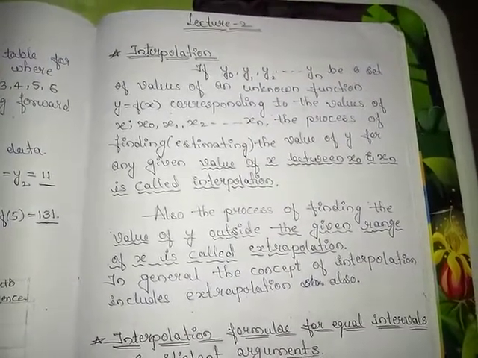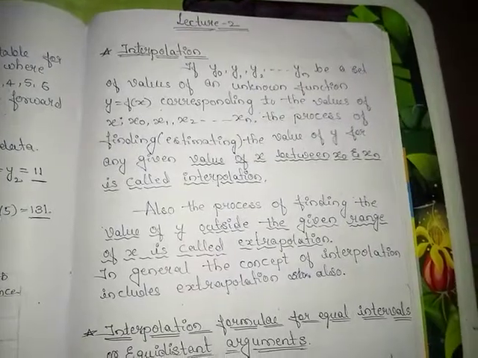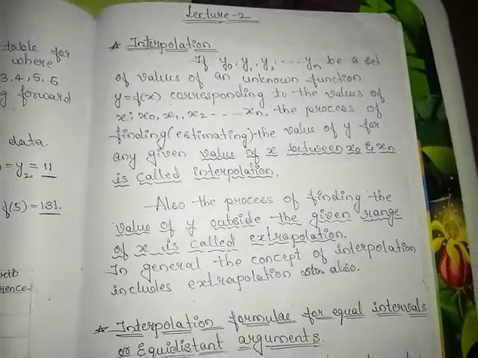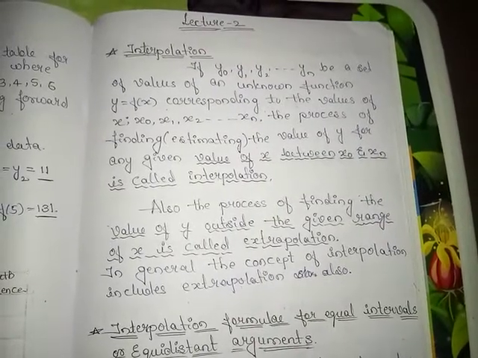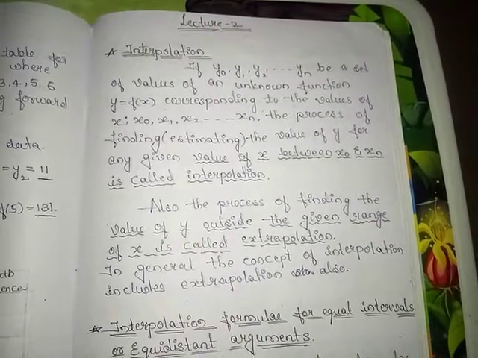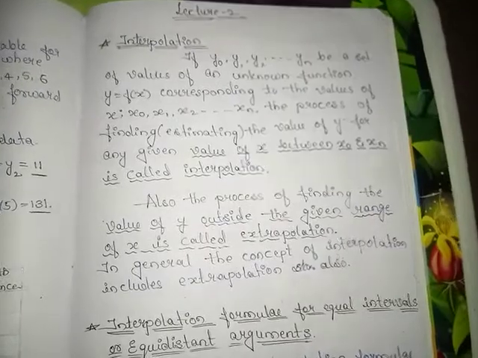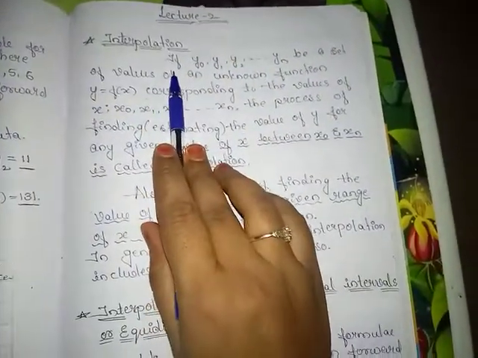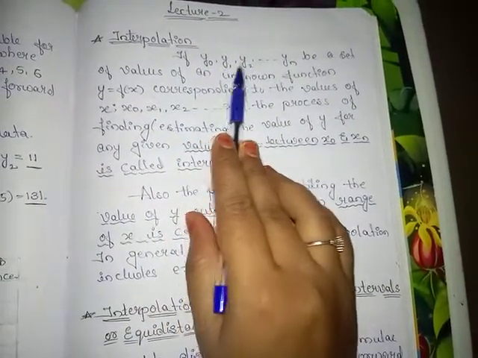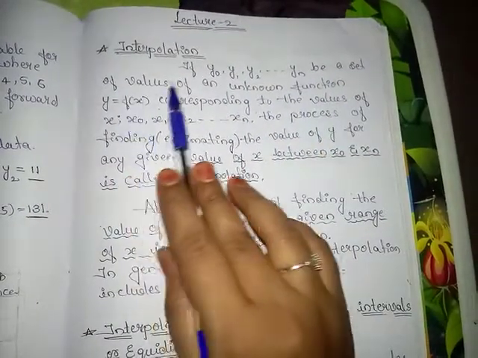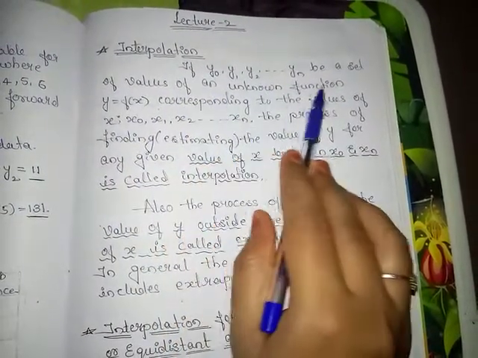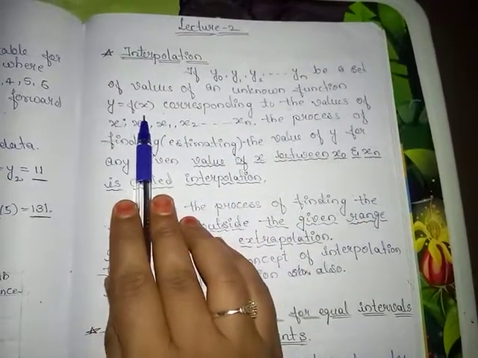Today we will see what interpolation and extrapolation are, and what the formulas for forward interpolation and backward interpolation are. Let us see. If y0, y1, y2 and so on to yn are a set of values of an unknown function y is equal to f of x.